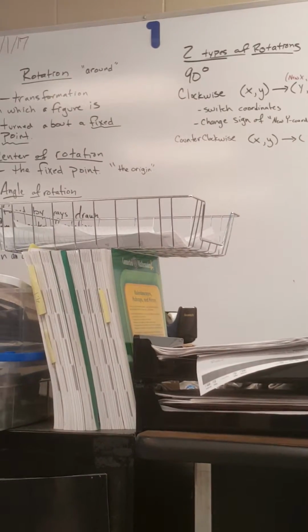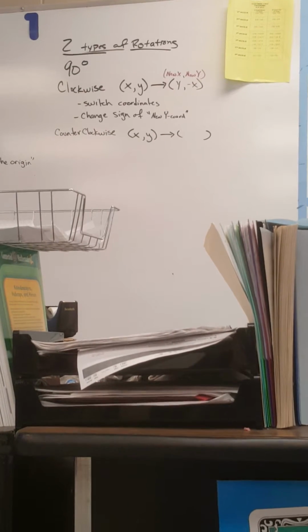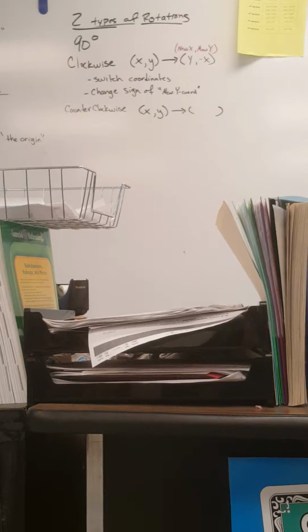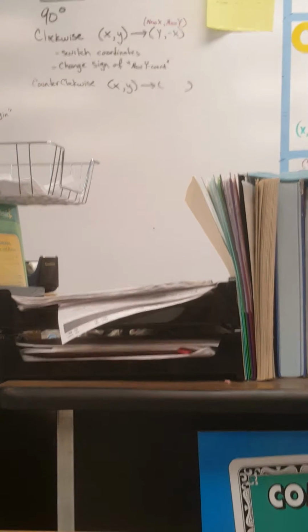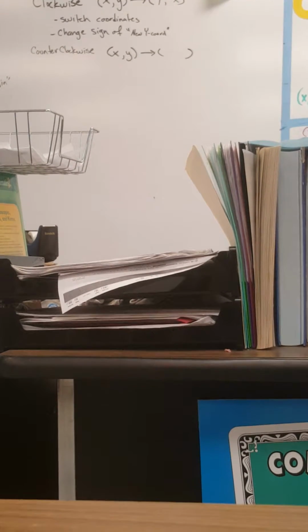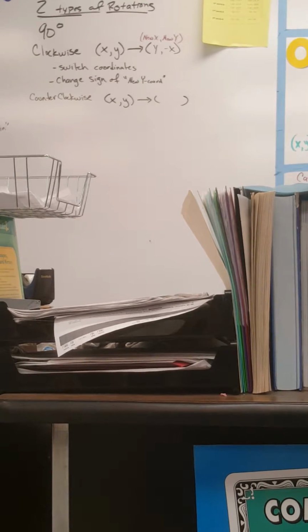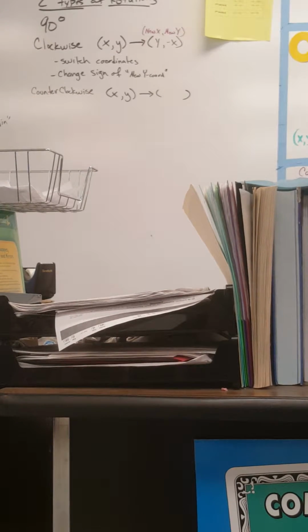Switch signs, change X. Are we going in a different direction? Yes. Are we kind of going along the same lines though, right? Yes. It's kind of like forwards and backwards. I can walk forward and then I can walk backwards in that same line, correct? So clockwise and counterclockwise are the opposite of each other.